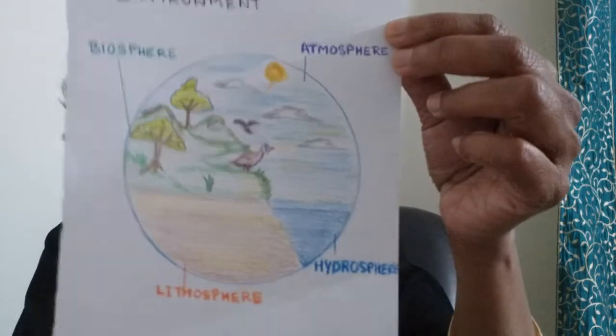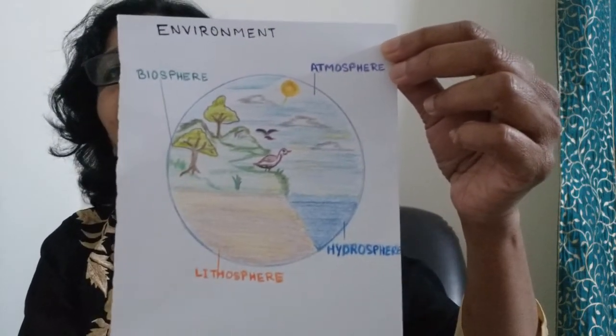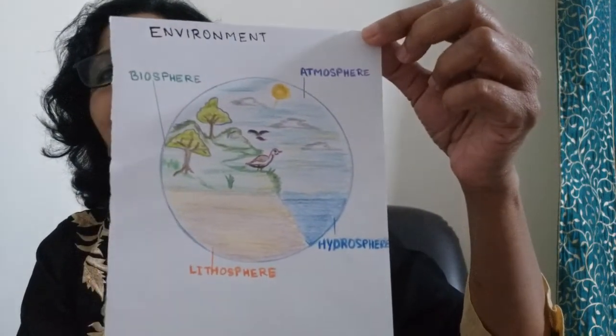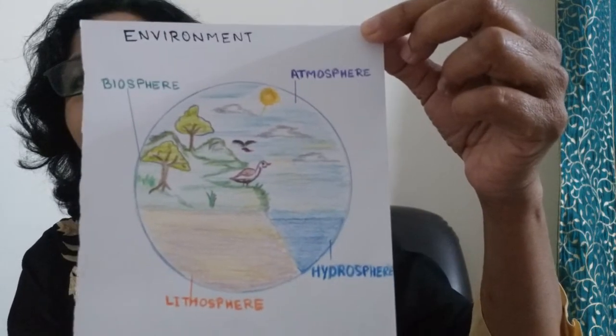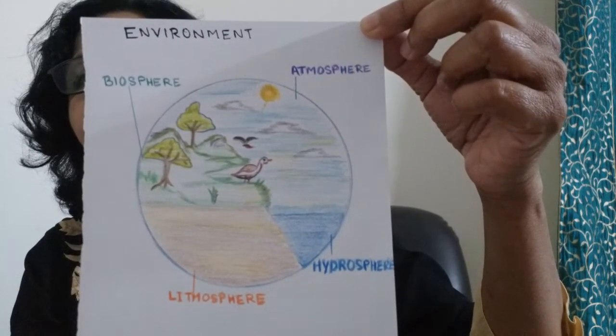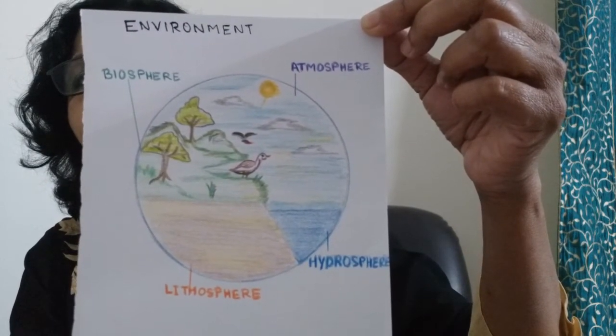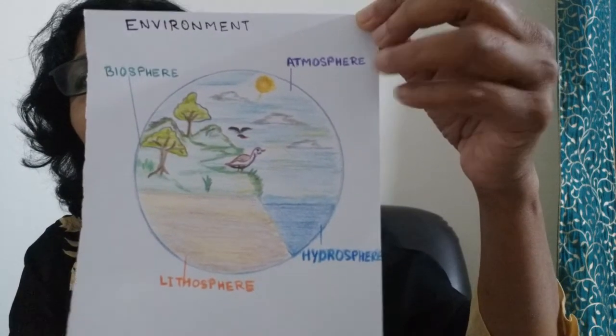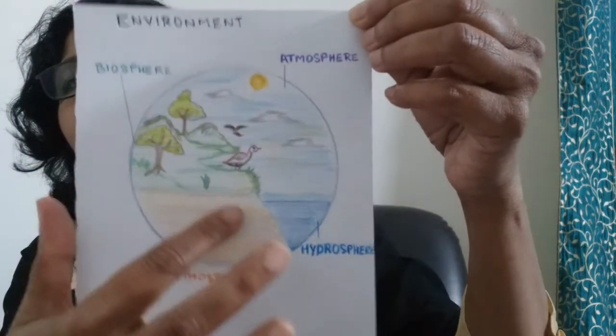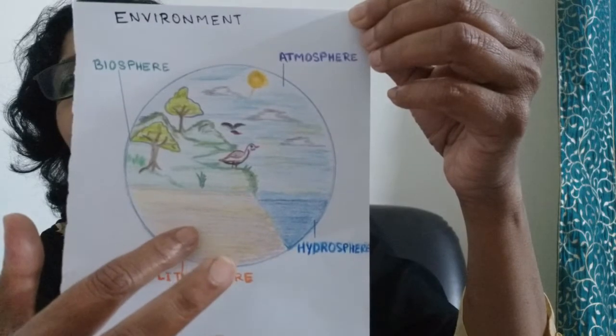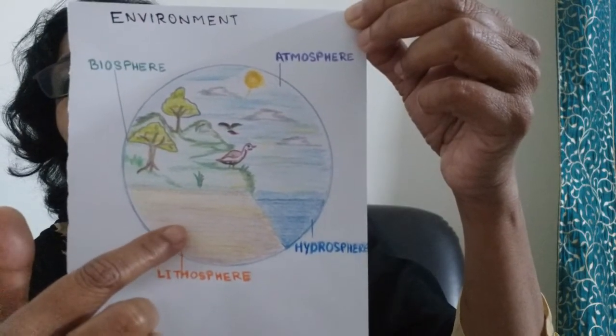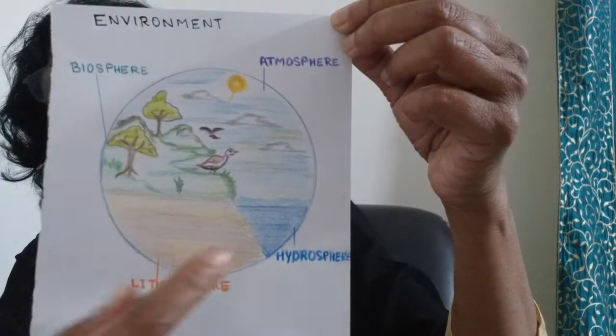So first, before going to the spheres, I'll show you this beautiful image where you can see all the four spheres drawn by me and the environment is depicted very neatly. You can also use your mom's bangle. The orange color is the lithosphere, the rocky part where soil, humus, stones, sand, etc. form the lithosphere.